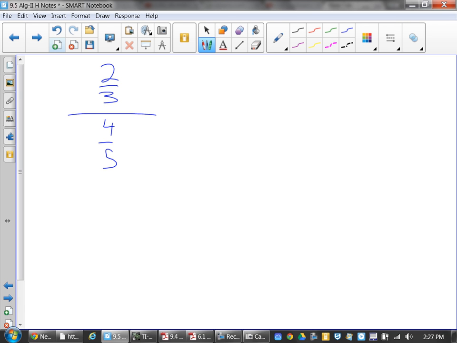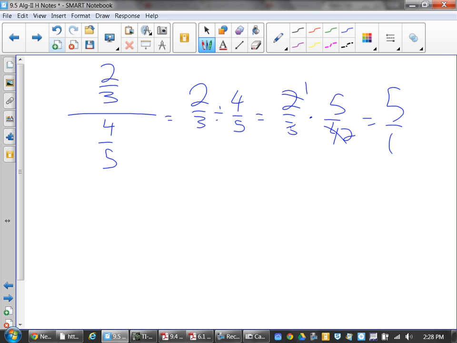Isn't this the same thing as saying 2/3 divided by 4/5? Yeah. Which isn't that the same thing as saying 2/3 times 5/4? Yes. You get 5/6? Yes. How many times have you done that problem? I just made that problem up off the top of my head.